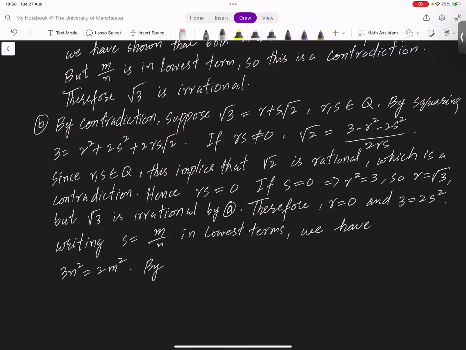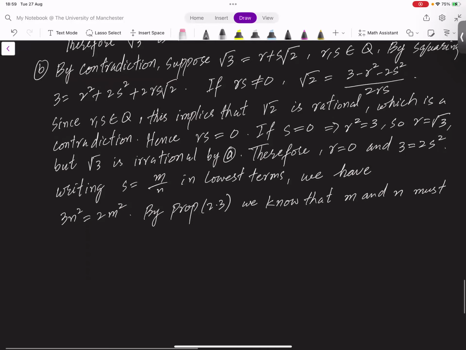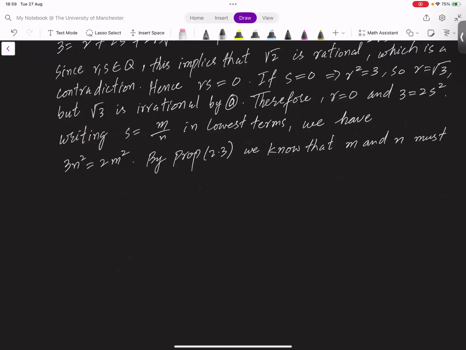Now, by proposition 3, we know that m and n must both be even, which is a contradiction.